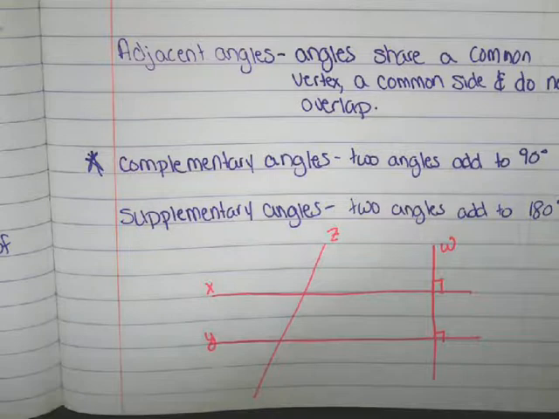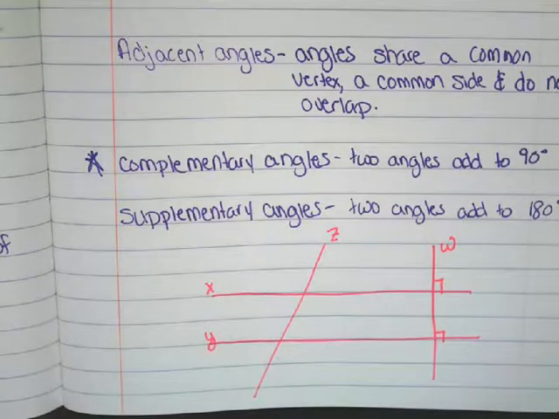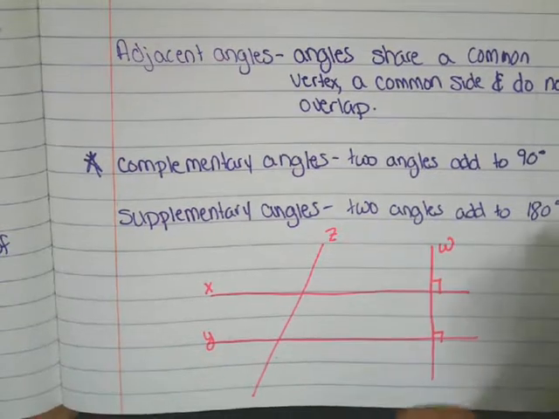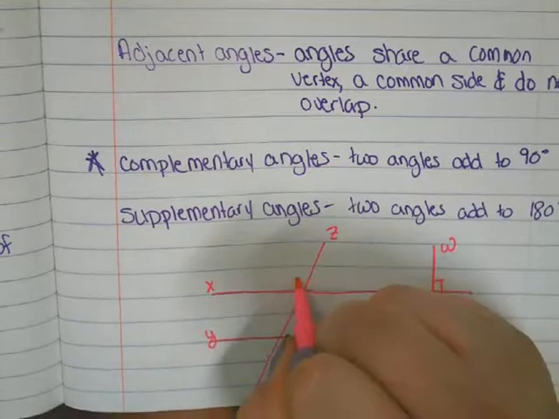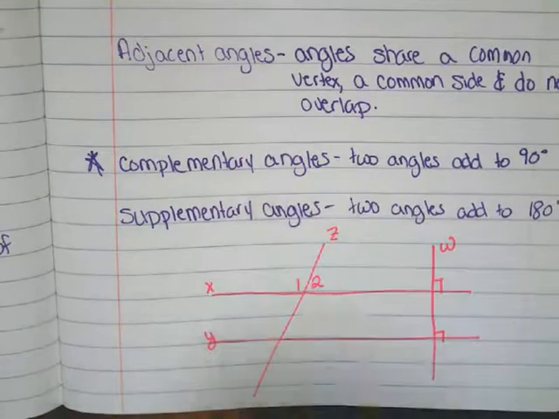Alright, now we need to go through and number your angles. I'm going to start here, and this is going to be 1, 2, and then below 1 is going to be 3, and below 2 is going to be 4. Doesn't matter what I label them. I could have started with 20, or 100.